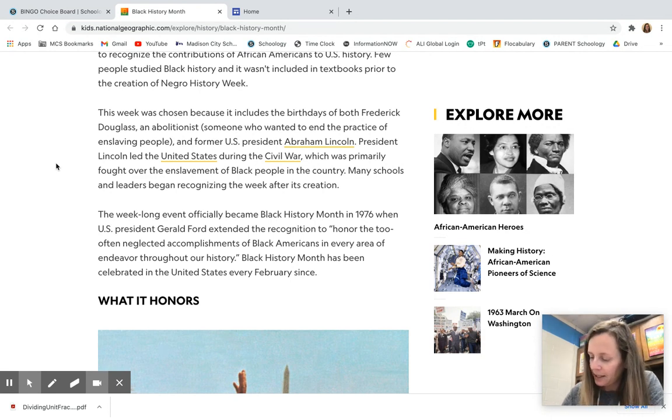So, the inspiration for Black History Week, as it was originally known, was Abraham Lincoln's birthday. They wanted it to be the same week as his birthday.